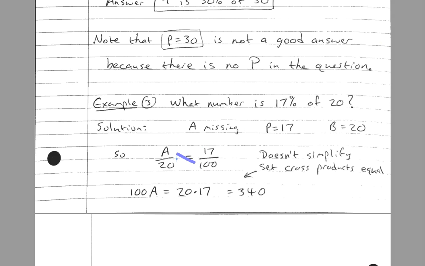And so we get a times 100. Usually we write the number first, so 100 times a is equal to the other cross product, 20 times 17. That's 340.